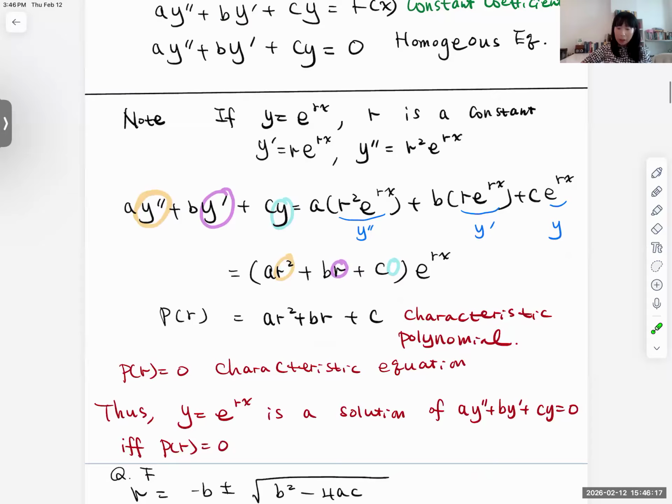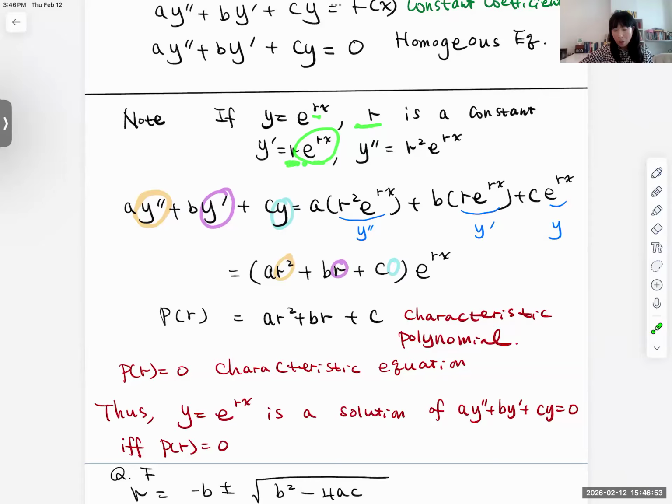Now let us take a look at a function of the form y equals e to the rx, where r is a constant. We want to find the derivative of this function. We have e to the rx, and since r is constant, times r.